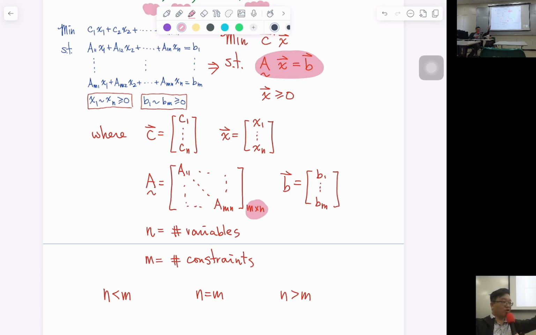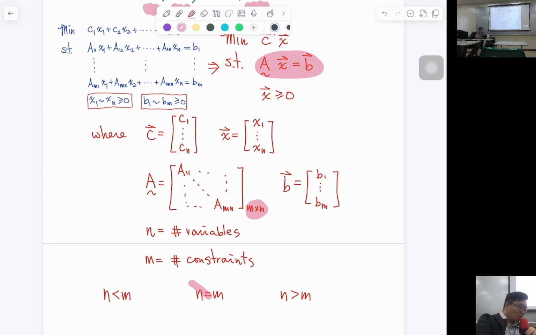You can directly solve it by x equals to A inverse b. So you have one solution, if the A inverse is a proper matrix, then you can solve it. So there's no reason for optimization. There's one solution there, only one solution.